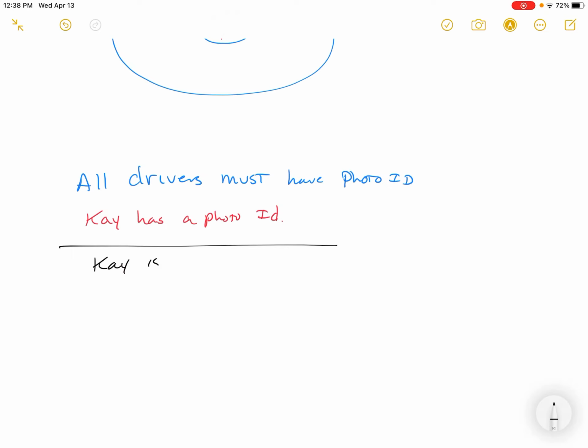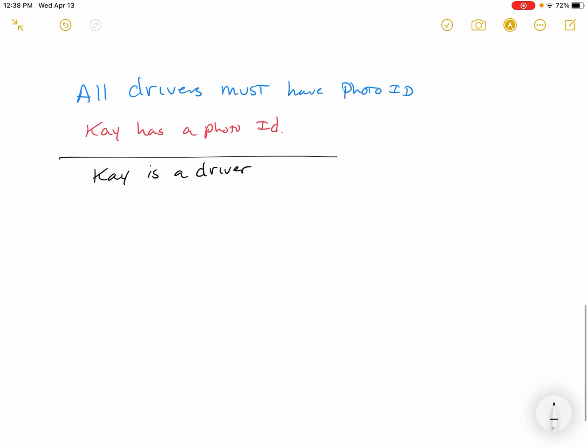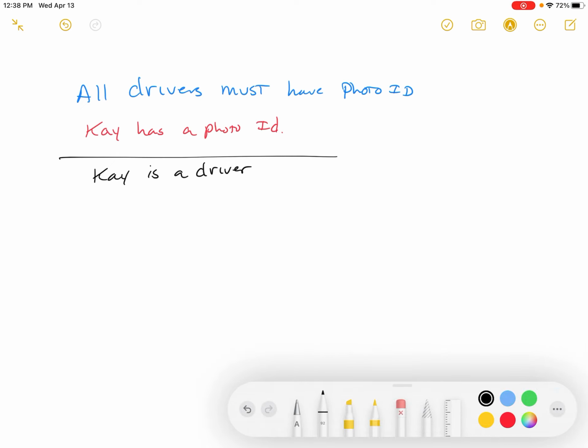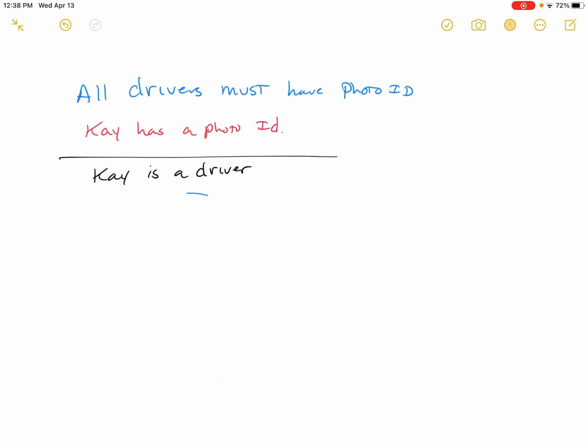Therefore, K is a driver. Is that a valid argument? And what we hear a lot of times are very much invalid arguments being used, implications that just aren't true, especially in politics, right? If we listen long enough, we can definitely find one.